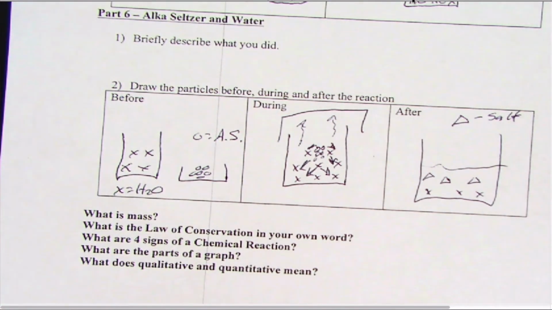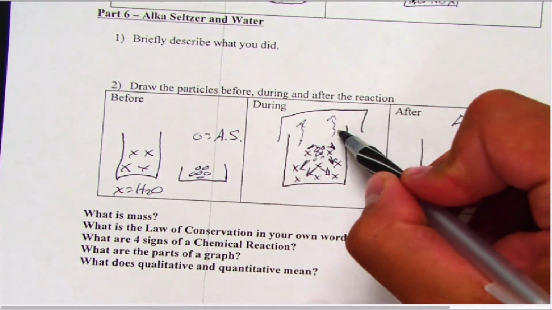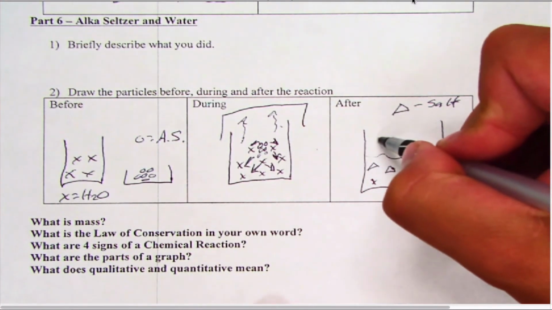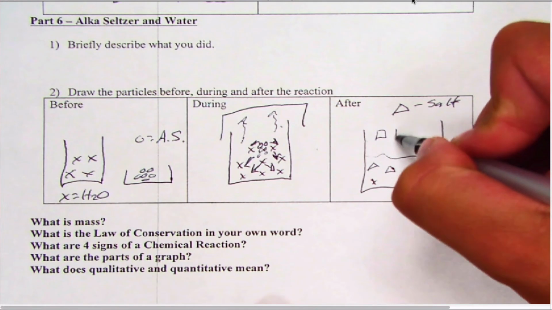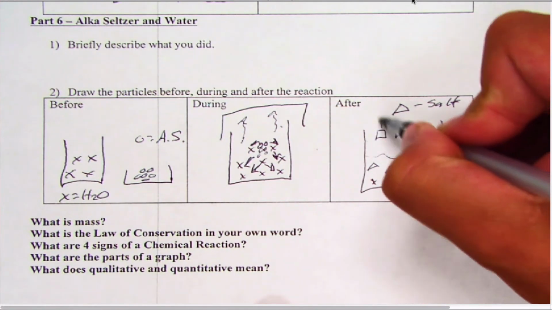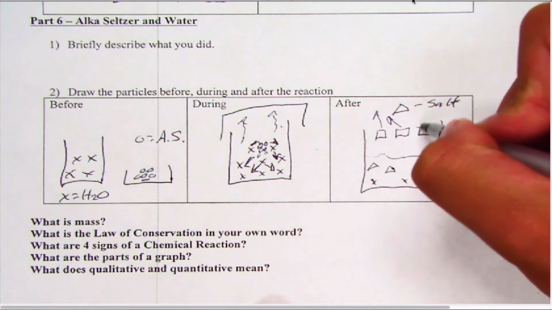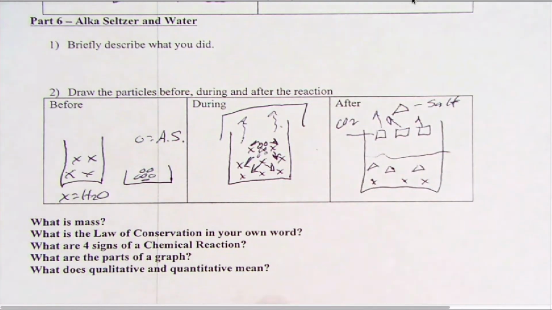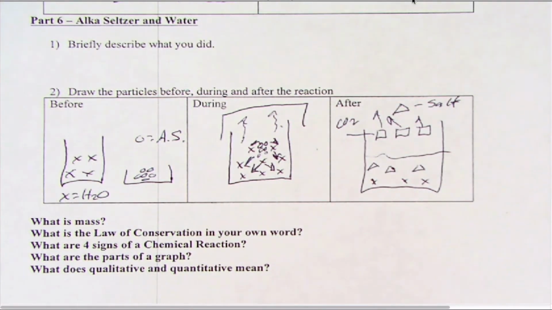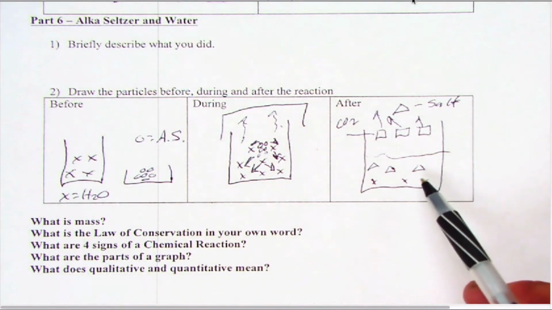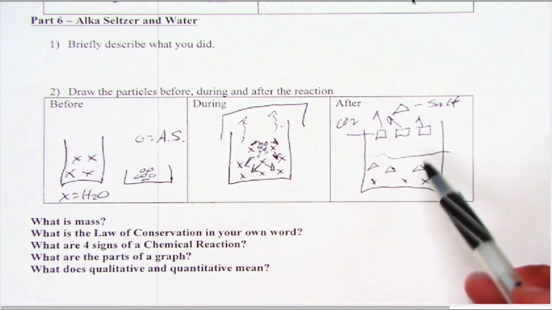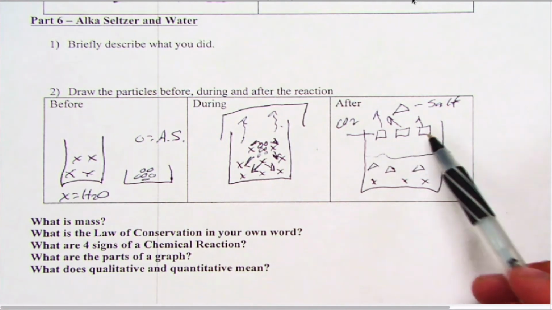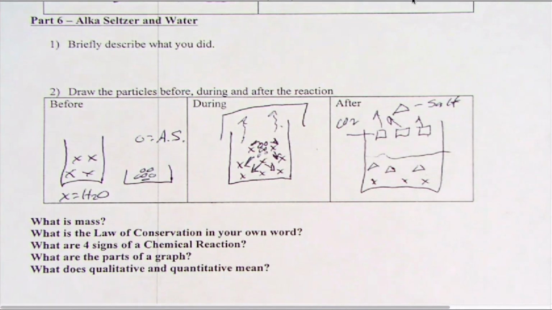And the bubbles that were given off, these bubbles right here, we'll represent those with squares. These bubbles given off were carbon dioxide bubbles. All right, so we had some salt that got into the water because we made a new compound, and we had some CO2 given off. So this is the gas that's given off, that's CO2.